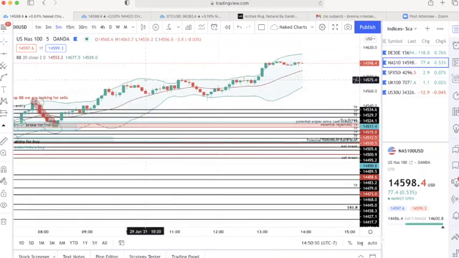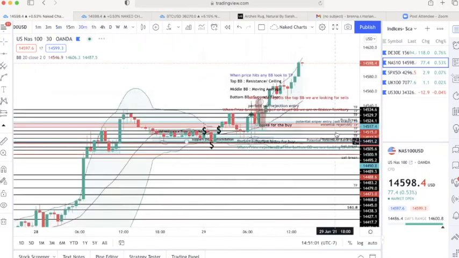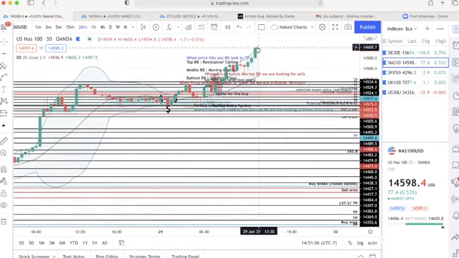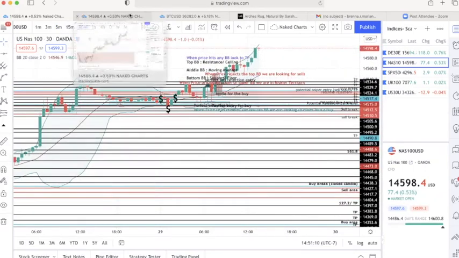Okay. But you can always get a better perspective, an outside perspective, by looking at the higher time frames and thinking, okay, potentially we could be selling soon because we're rejecting the top of this Bollinger Band, and we're on the 30-minute time frame.